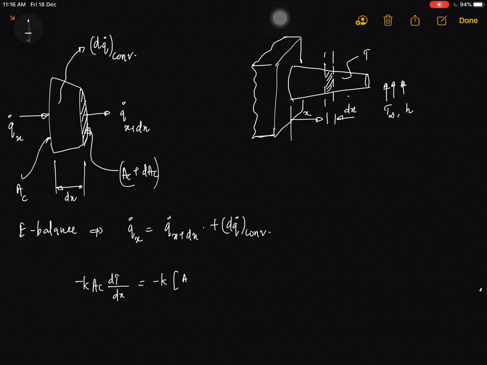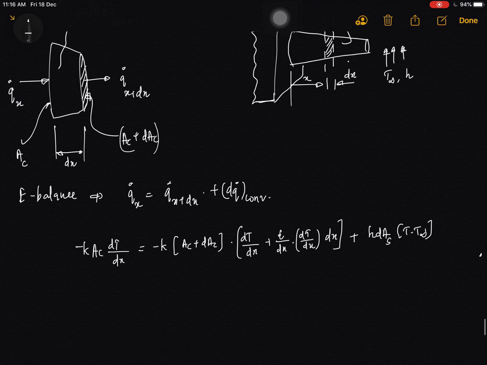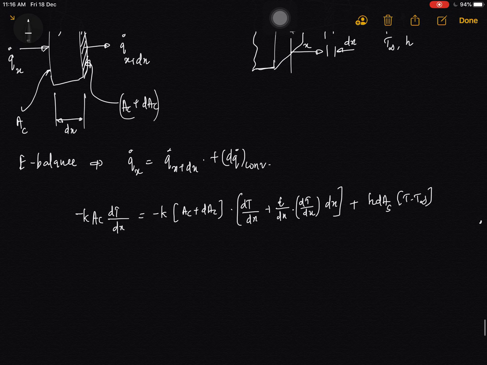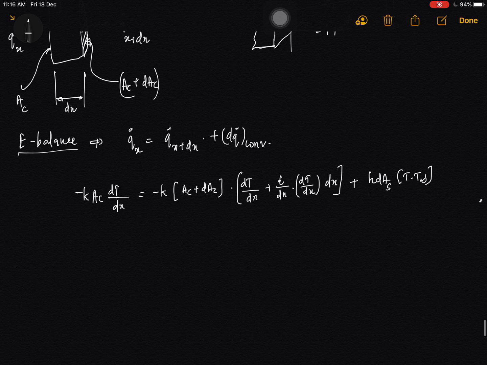So let's expand this. We can write this as minus k Ac dT/dx equals minus k into (Ac plus dAc) into (dT/dx plus d/dx of dT/dx into dx) plus the convective term, h into dAs into (T minus T infinity).